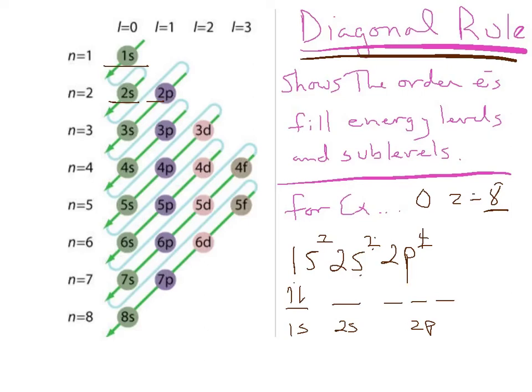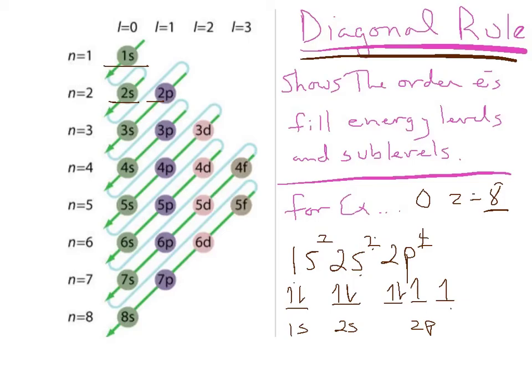So this is filled, this is filled, and when I get to oxygen, according to Hund's rule, I can go 1, 2, 3, and then I pair that last one. Electrons will occupy empty orbitals before they will bunk up with another electron.